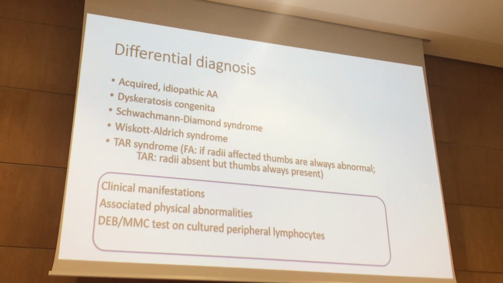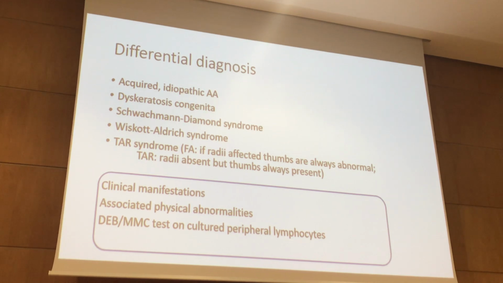So in Fanconi's aplastic anemia, absence of radius or involvement of the radius is always associated with some problems in the thumbs. Thumbs are always abnormal, but in TAR syndrome, thumbs are not affected. So this is the difference.